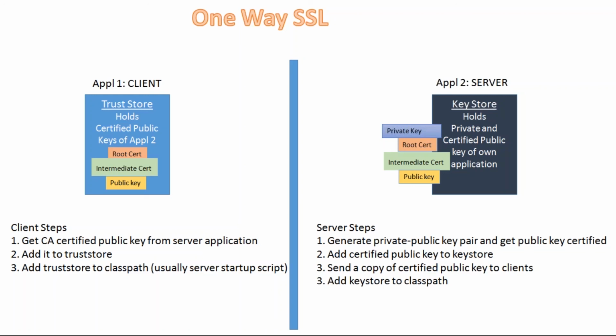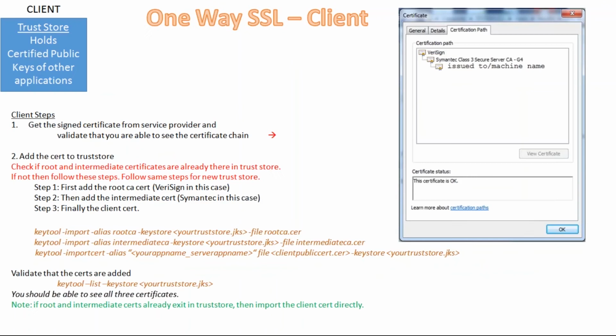If you are a server, then you should generate a public private key, get your public key certified, signed, add it back to the key store, and you have to share the signed public key with your clients. So this is how a client will look.